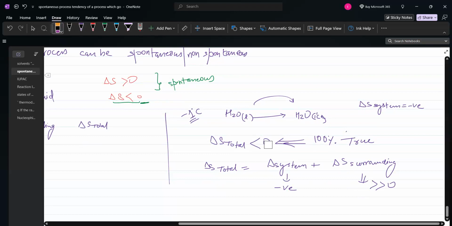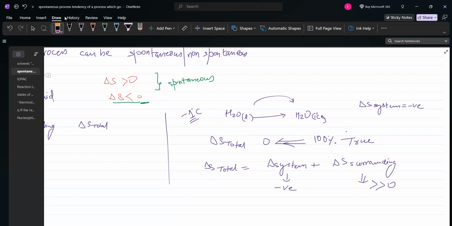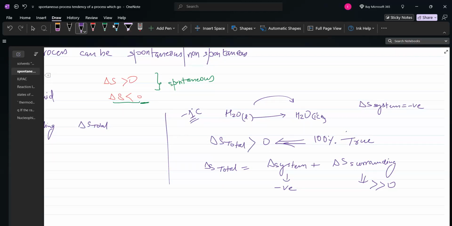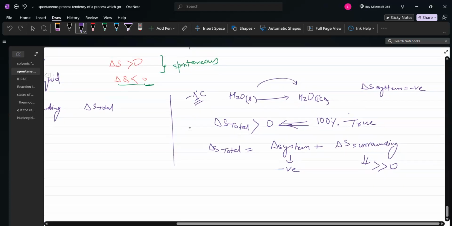Sorry, I've said this wrong. It should be positive always. So delta S total is positive here overall. That is why this process happens at -1 degree Celsius. Got it? Anyone? Any problem? No, sir.